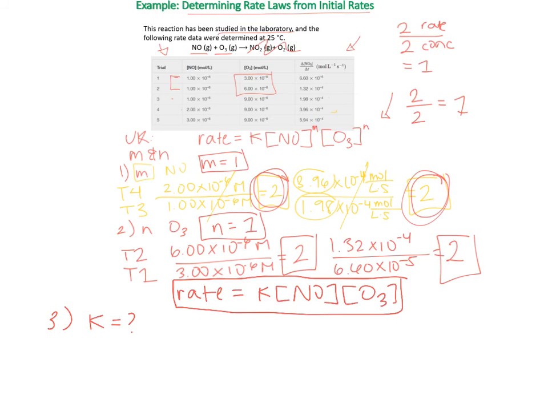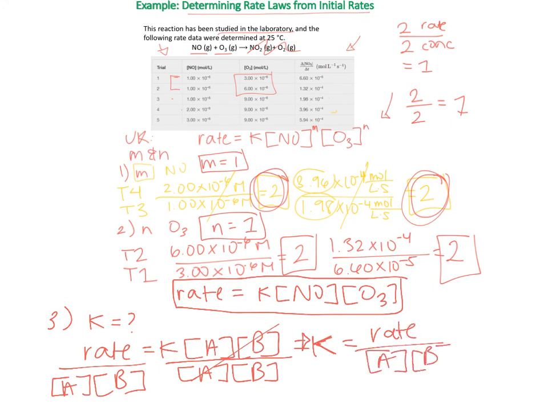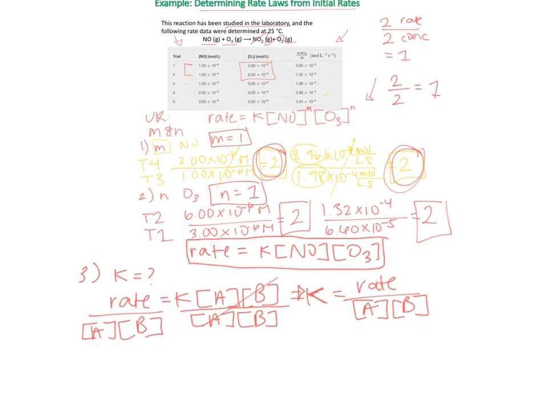Whenever we solve any general rate law, let's say A and B, just call it that, and we wanted to solve for K, we would divide both sides by the concentrations. And when we rearrange, you get K equals rate divided by the concentrations. So that's exactly what we can do here. We have enough information to divide that out and get K.